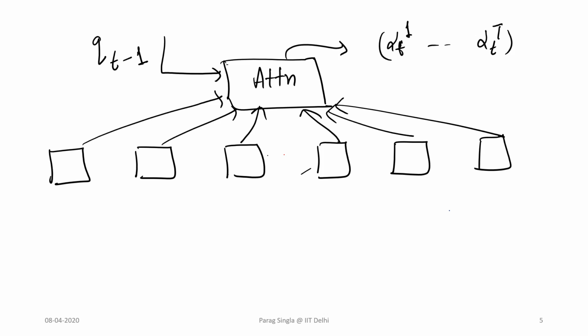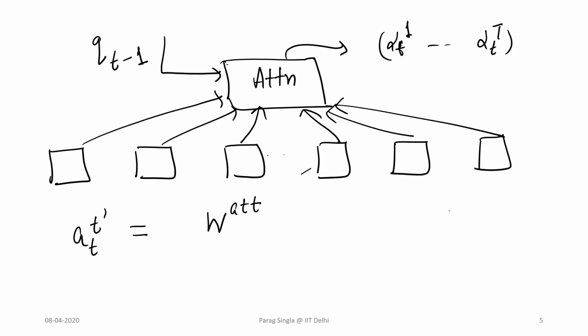First, we compute the scores, which is a t, t prime. Think of these as unnormalized scores, and these are computed by, let's say, a single perceptron, which could also be a general neural network.